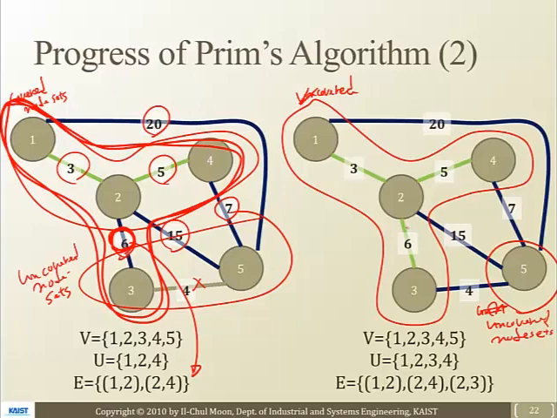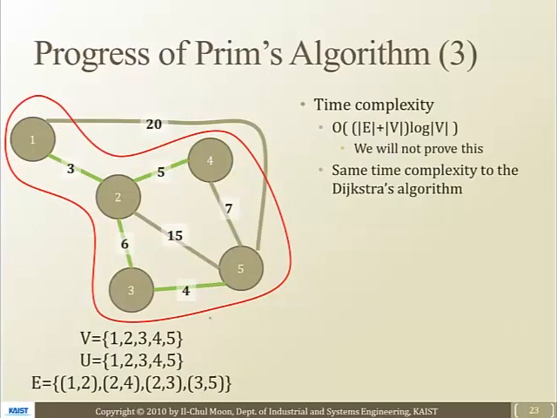To connect between the two different sets, we have 4, 15, 7, and 20. That means we select this 4, and 5 is finally recruited, and 4 is put in here. Then we have finally covered all the nodes, and we have found all the edges used to control all the nodes. By using these edges, we can reach all of nodes 1, 2, 3, 4, 5.